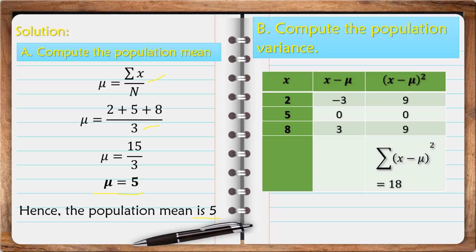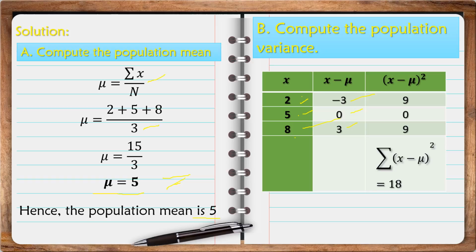Compute the population variance. We have 2, 5, and 8. So, x minus the population mean. 2 minus 5, because our population mean is 5. 2 minus 5 is negative 3. 5 minus 5 is 0. And 8 minus 5 is 3. Now, we square x minus the population mean.